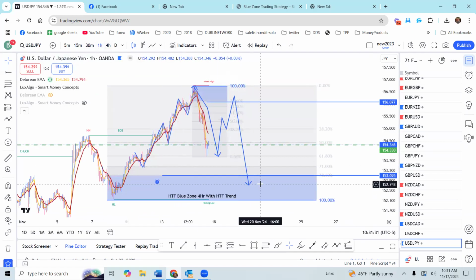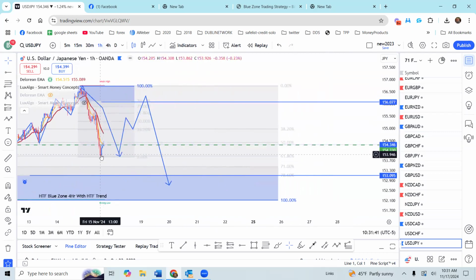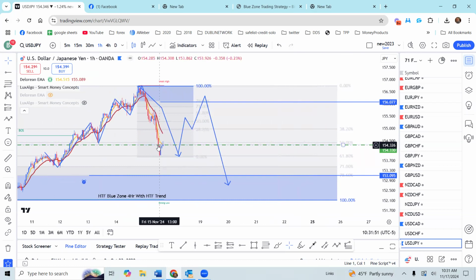We would wait for our buy shift to enter, but we can also drop down to the 1 hour and wait for a change of character, which we get here in USD JPY right here on Friday when this 12 o'clock candle closes below that low right there. That gives us a change of character. Okay.